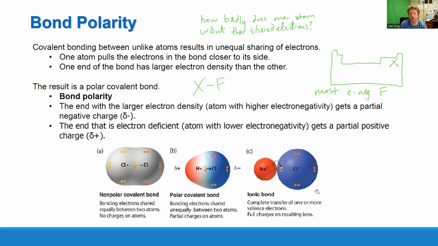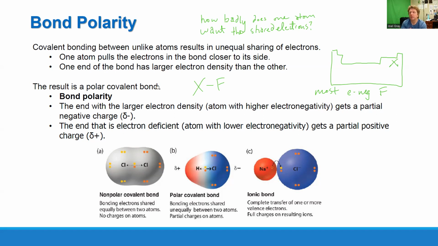So that is an ionic bond. So we have a spectrum here. We have a non-polar covalent bond where the electronegativities cancel out. A polar covalent bond where one atom has a greater electronegativity than the other. And then an ionic bond where one atom has such a greater electronegativity than the other that there's really no competition.